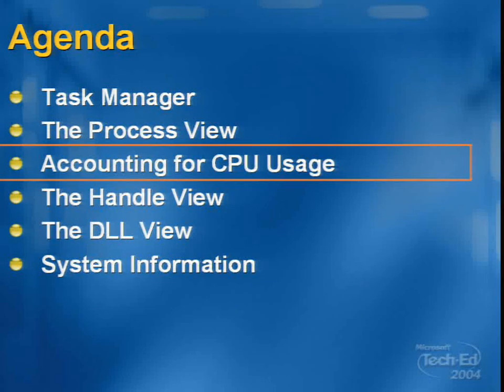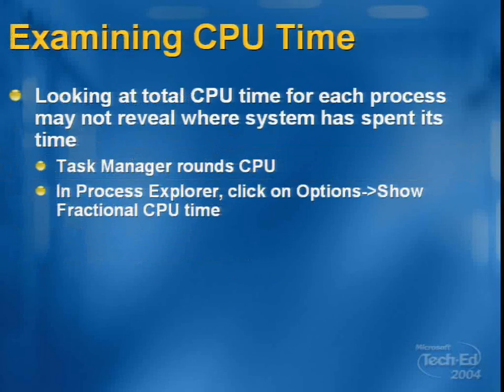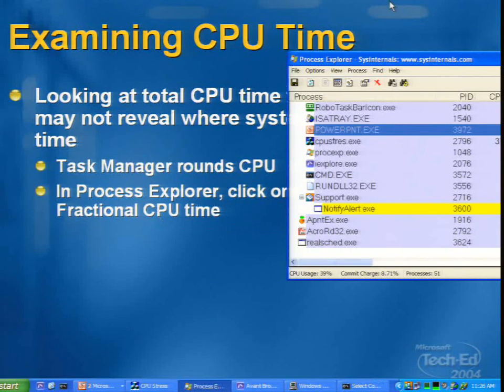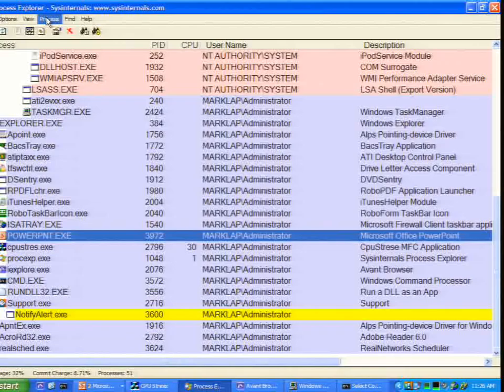Okay, let's move on to accounting for CPU usage. One of the things you'll see when you run Task Manager, it's very evident that it's rounding CPU usage to the nearest whole number. And that's hiding a lot of stuff, it turns out. One of the things you can do in Process Explorer to get a little more accurate view of CPU usage is to go to the View menu and select Show Fractional CPU.